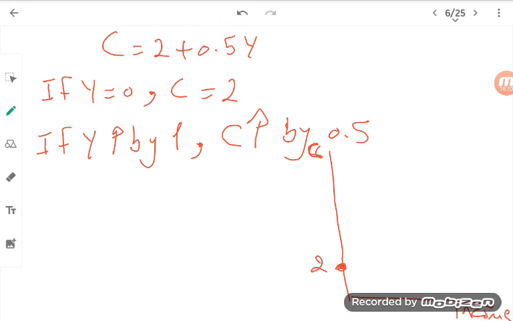So we substitute in the equation, for example, Y equals 6. 6 multiplied by half is 3, plus 2, is 5: the point 6 and 5. So this is the consumption function. It is positively sloped, and it's not going to start from the origin. Okay? Now let's assume that there is government and taxes.